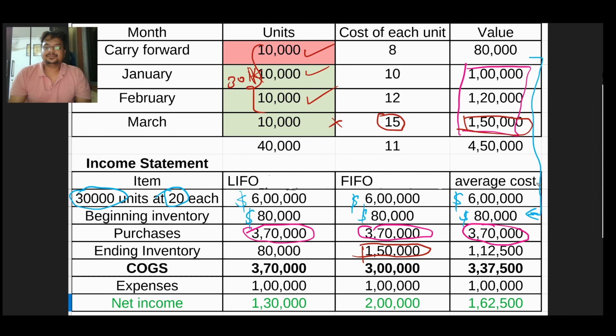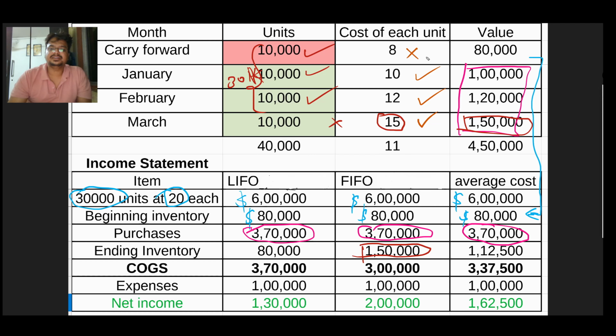For LIFO, what we did is we'll be using the units which came at a later stage, the last in first out, which means that whatever units we received in the last, we'll be prioritizing to use first. Okay, so over here we used this unit, and these units. Now this one was remaining.